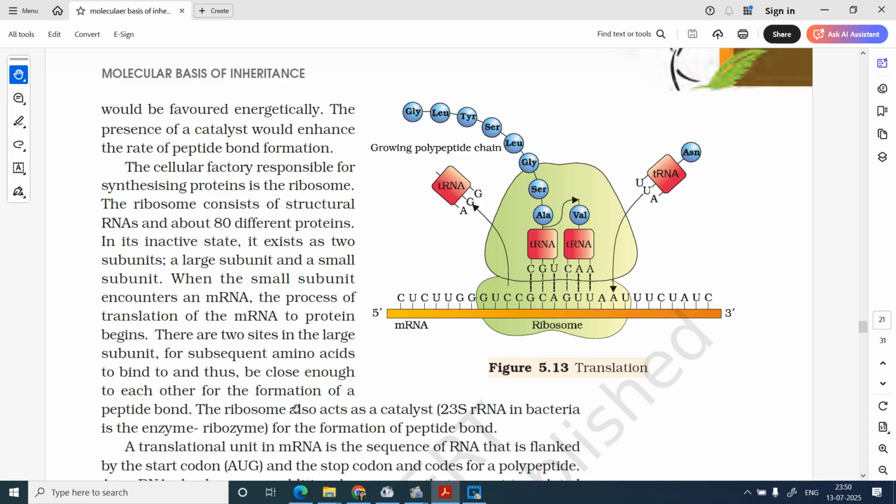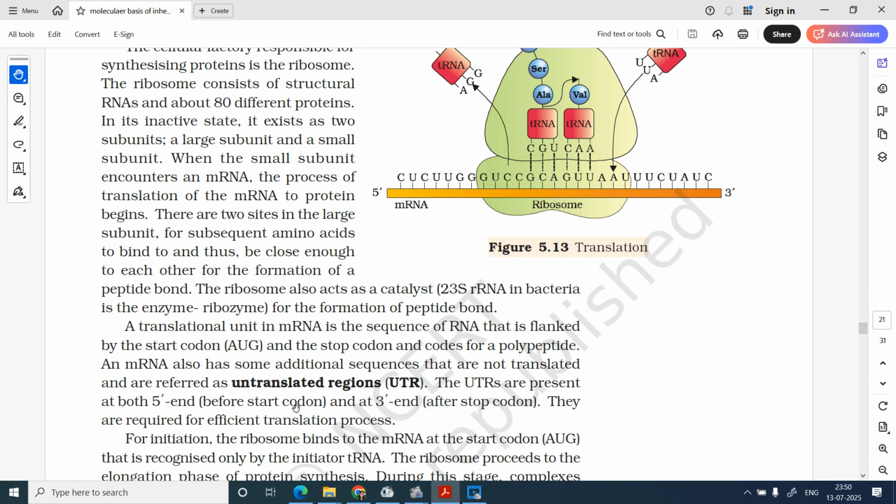There are two sites in the large subunit for subsequent amino acids to bind and thus be close enough to each other for the formation of a peptide bond. The ribosome also acts as a catalyst, as 23S rRNA in bacteria is the enzyme ribozyme for the formation of peptide bond. The translation unit in mRNA is the sequence of RNA that is flanked by the start codon AUG and the stop codon, and codes for a polypeptide.